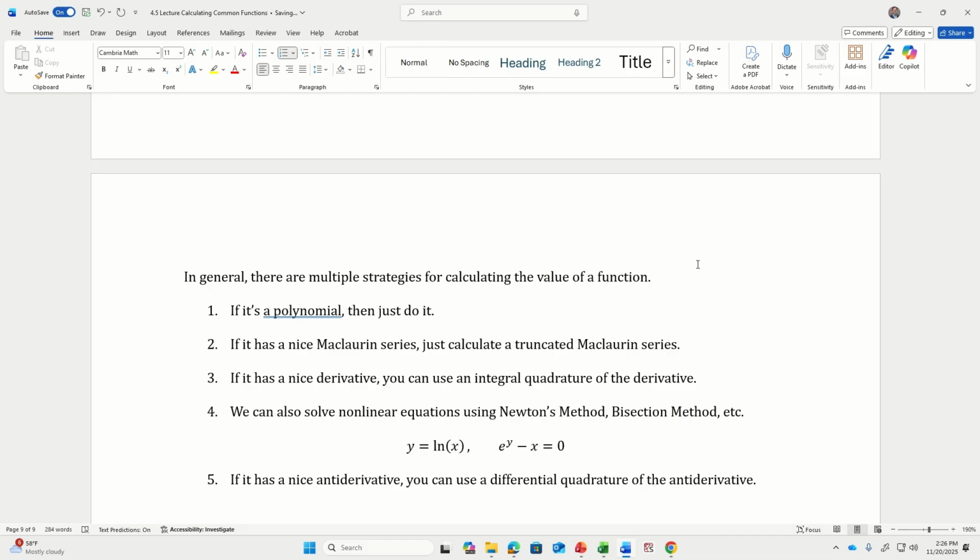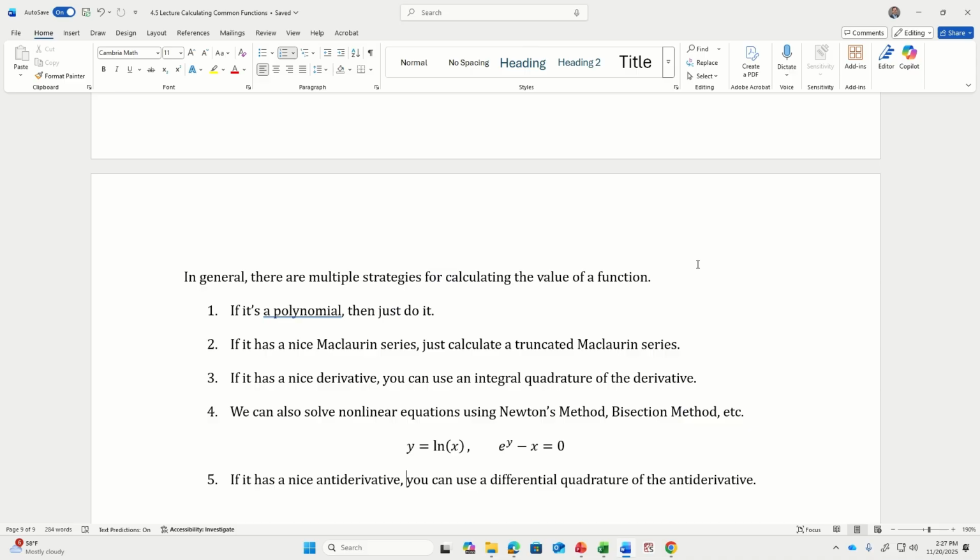Like all the functions we've talked about so far, all those trig functions and whatnot, their antiderivative is not nicer than the function itself. Any analytic function you're familiar with, the antiderivative is not going to be easier to calculate than the function itself. It's always the opposite. It's always that the derivatives could potentially be nicer, but in general, never the antiderivatives.